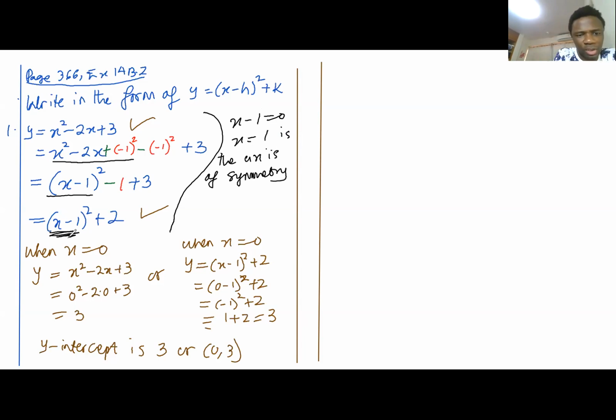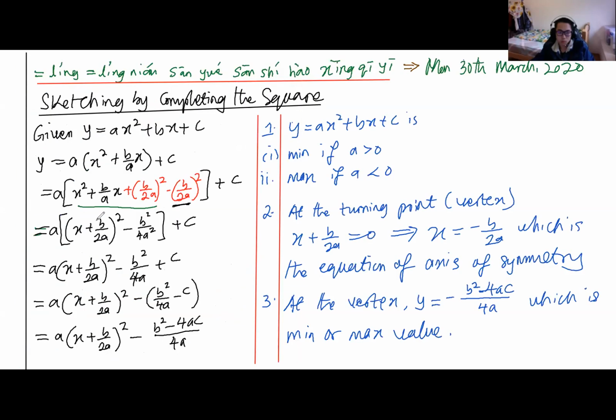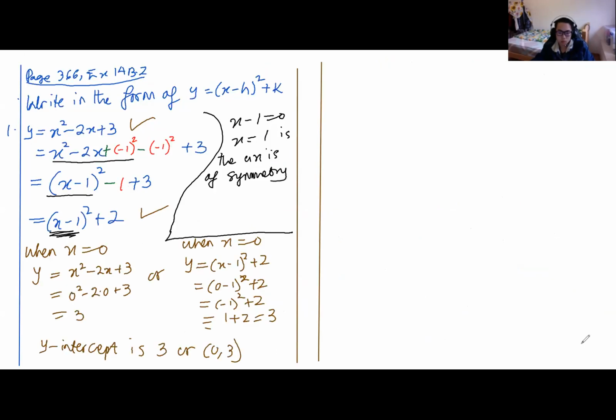And the final thing that we need to figure out from here is based on this. After you figure out your x, from here, this is the value of y at the vertex. Okay, so in this case, the value of y at the vertex is 2. At the vertex, y is equal to 2.